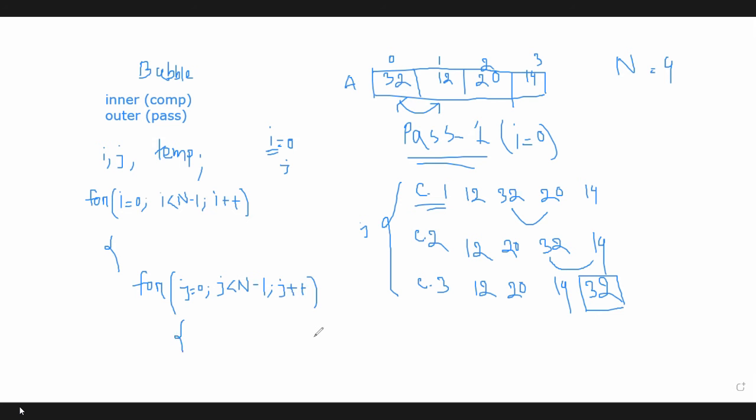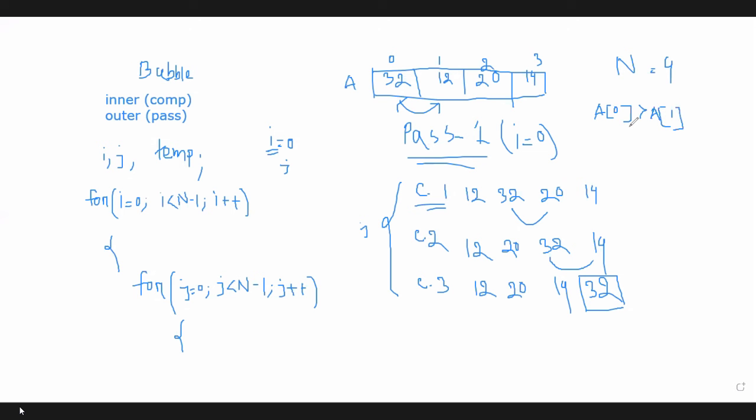Is that clear? Okay, so now the second loop, the inner loop, is for the comparison, right? And how is the bubble sort algorithm comparing the numbers? Look at the first comparison when the data, that is A0, was 32 and A1 is 12. That means A0 is greater than A1, right?